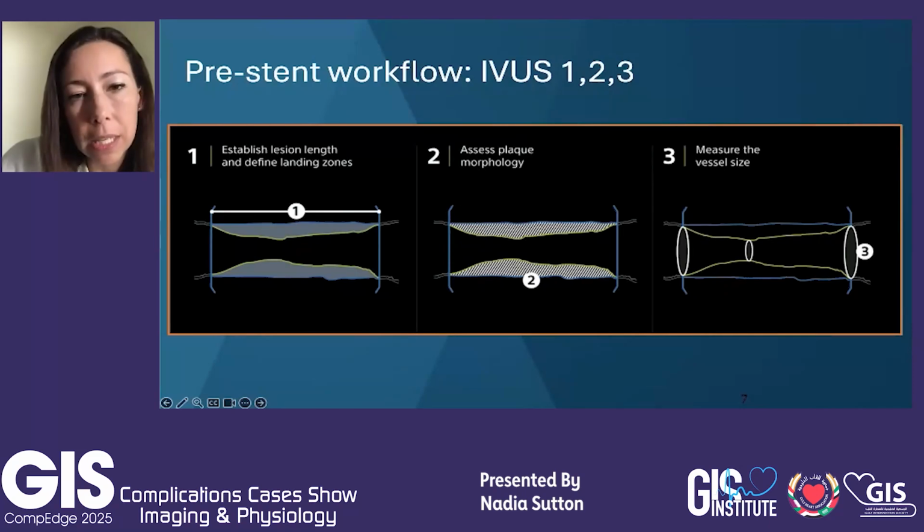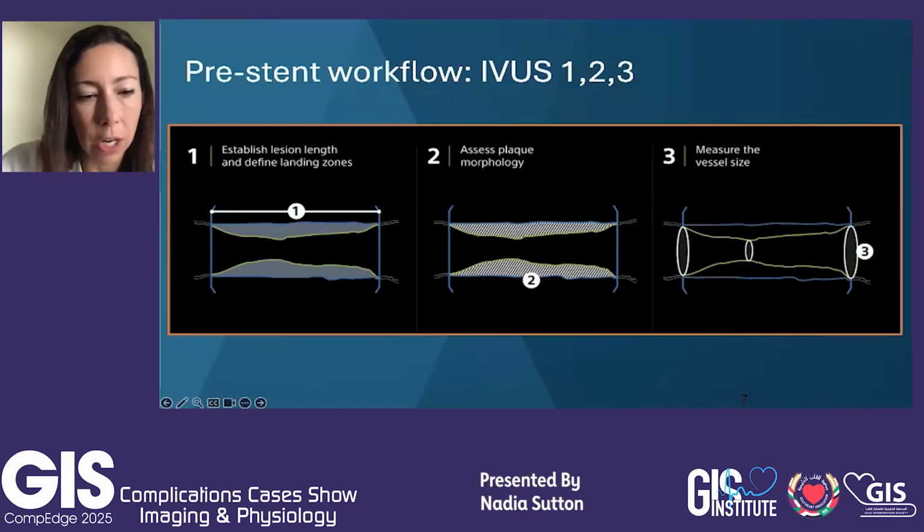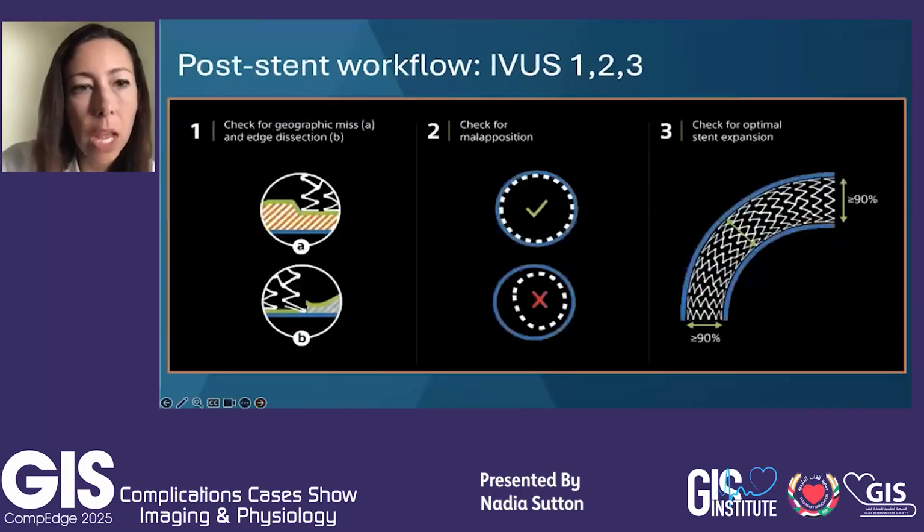Then we're going to be assessing plaque morphology. Again, with IVUS, this is more of a human interpretation, looking for areas of calcification, whether it's eccentric or concentric. And then where IVUS is really helpful with the AI technology is measuring the vessel size there in number 3.